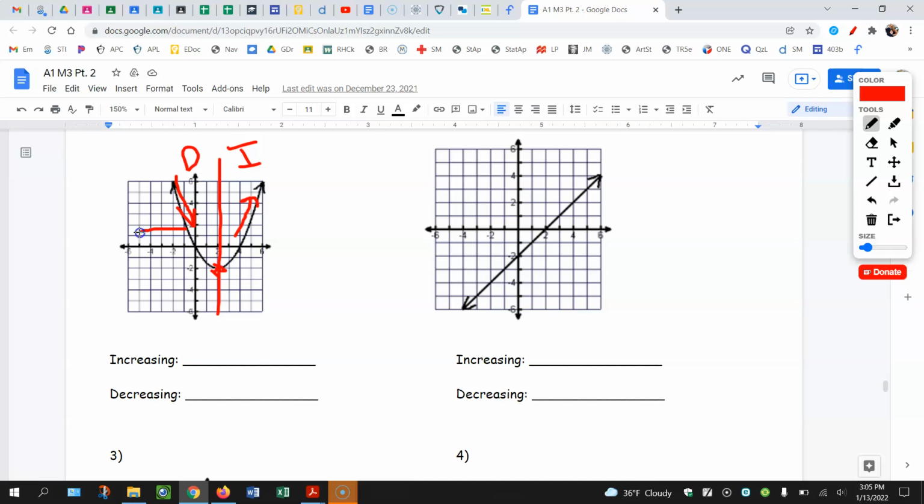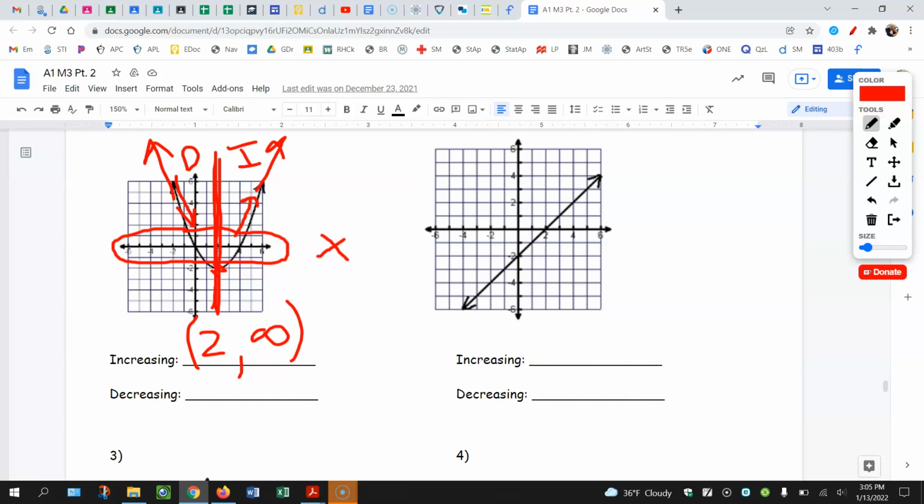Keeping in mind, we're only using x values. That's it. This is the x-axis. We're not using any y values. So this is increasing from this x value right here of 2, and this just keeps on going up and to the right. So it's increasing from 2 until infinity. Decreasing, this keeps on going up and to the left.